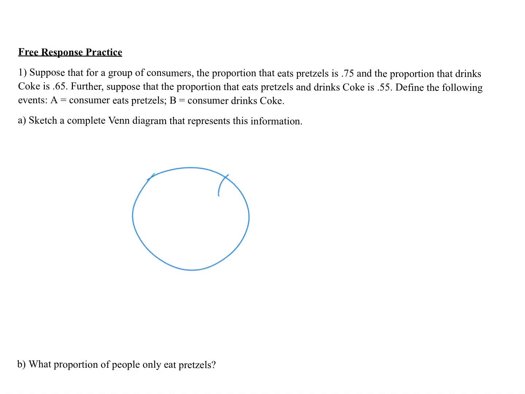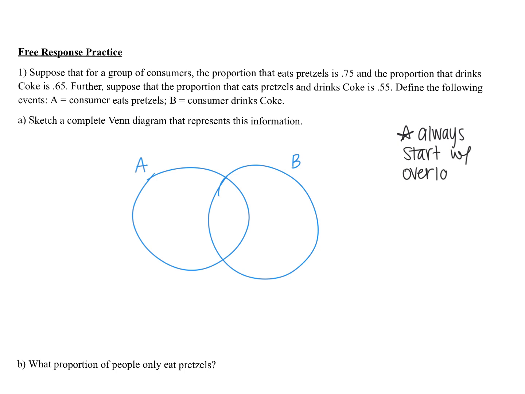Terrible circle. Okay. So next I label my events, so A and B. One of the most important things to remember about a Venn diagram is you always start with the overlap. So we know the probability that someone does both is 0.55. So I put 0.55 in the middle.